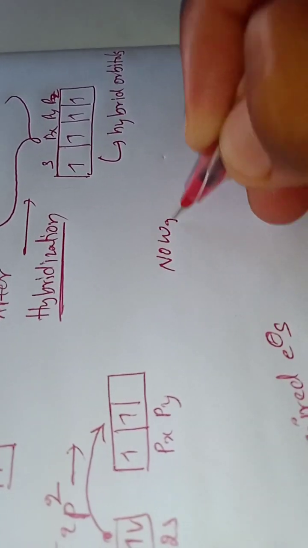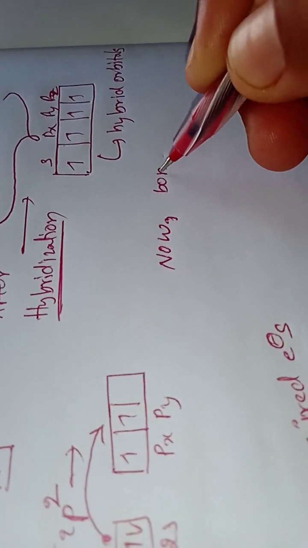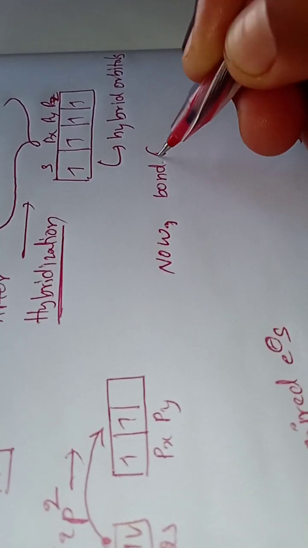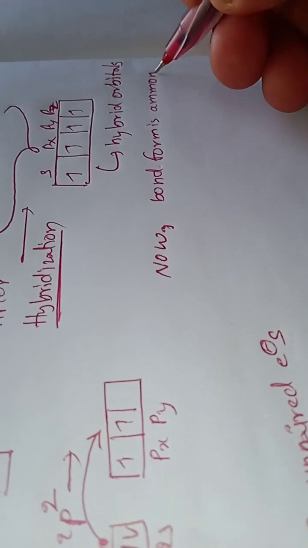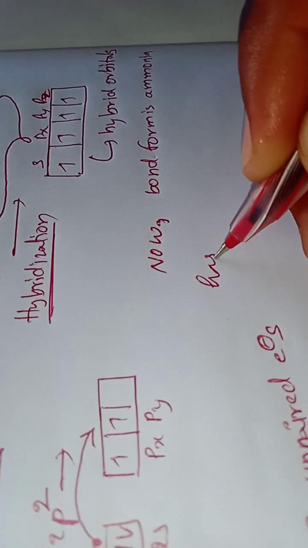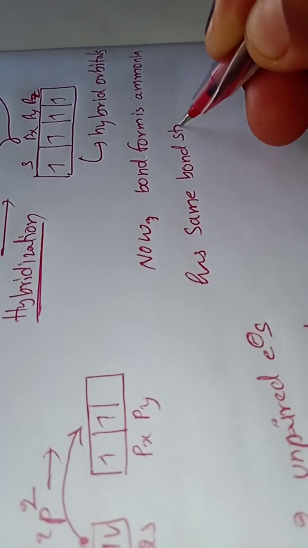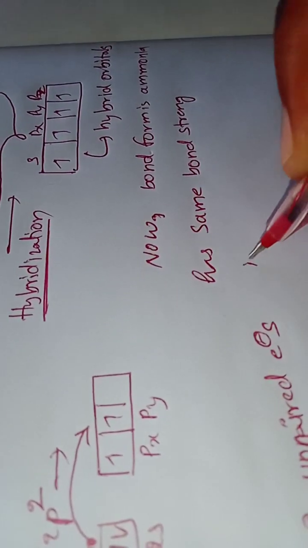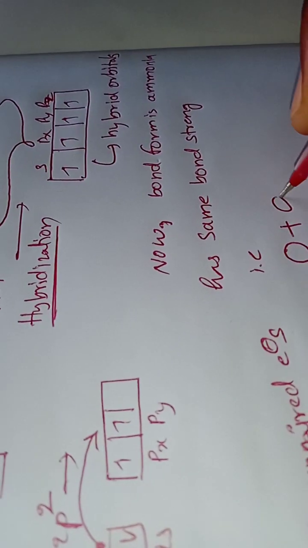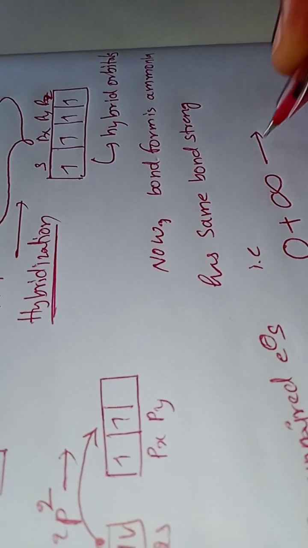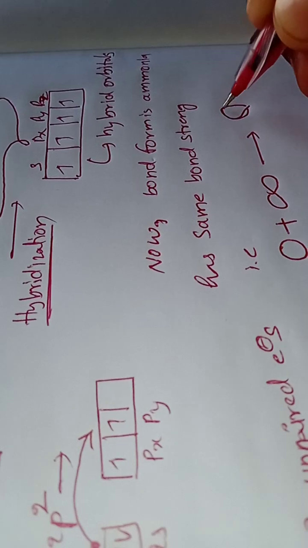Now the bonds formed in methane have the same bond strength. That is, we make hybridization between the s orbital and the p orbitals, which gives hybrid orbitals.